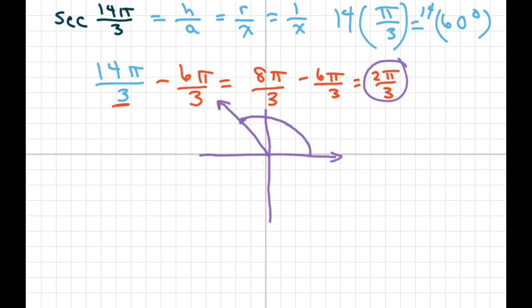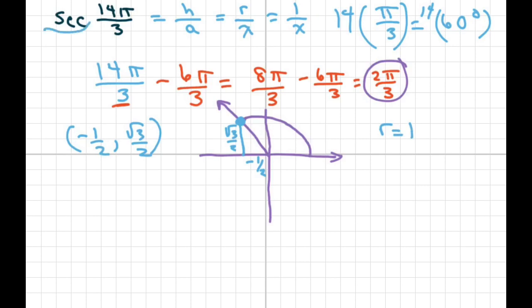So if I go down and draw the triangle and label that point, my x is -1/2 and my y is square root of 3 over 2. My r is 1.